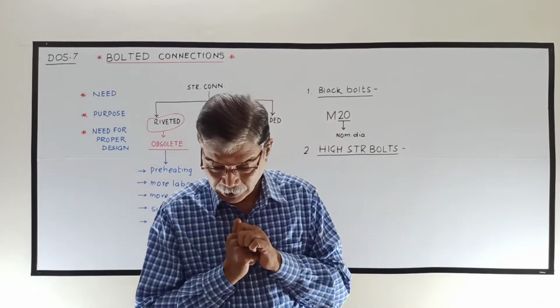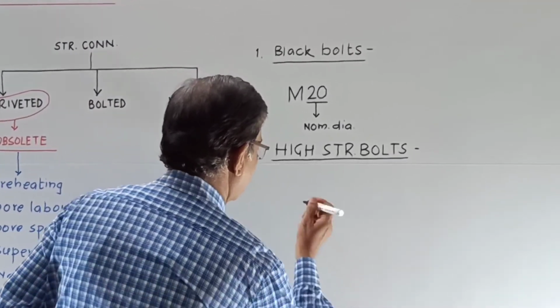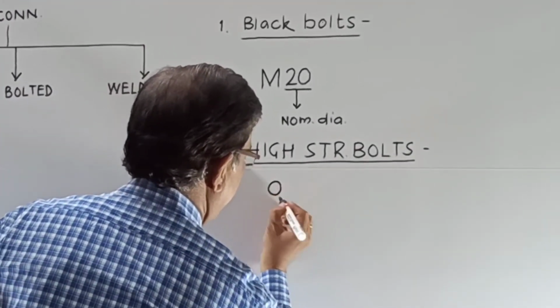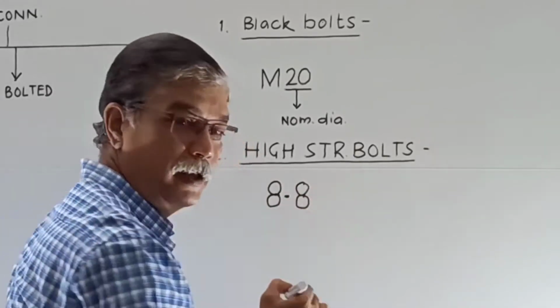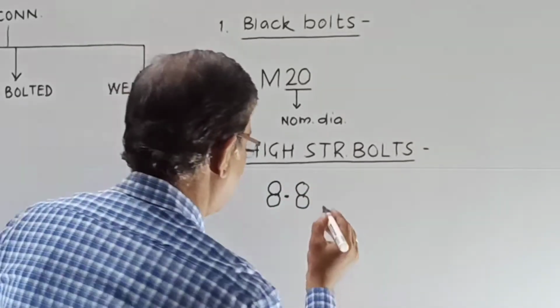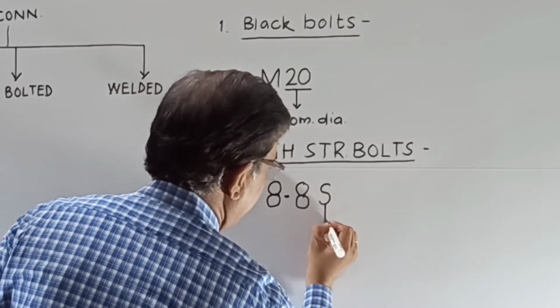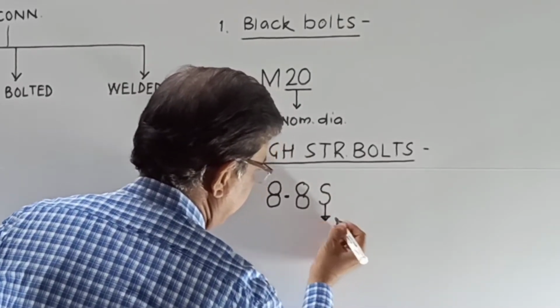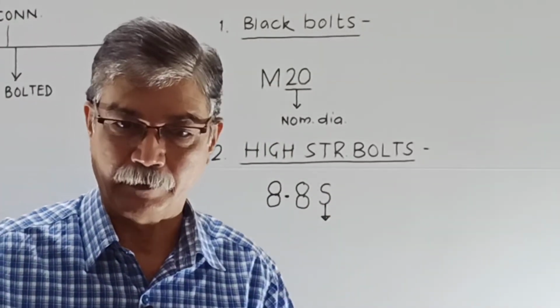Now, they are expressed like this: 8.8 S or 10.9 S. What does S indicate? 8.8 S. What is 8.8? That we will see.